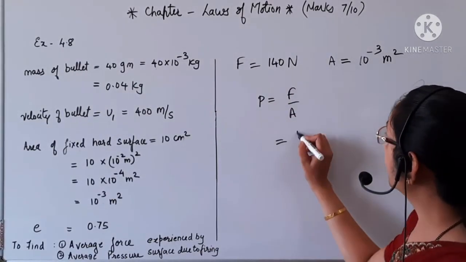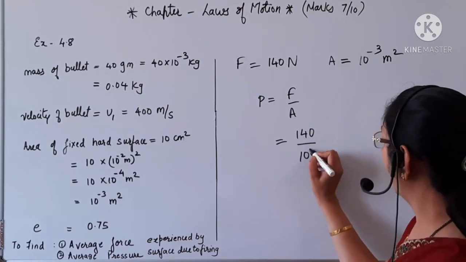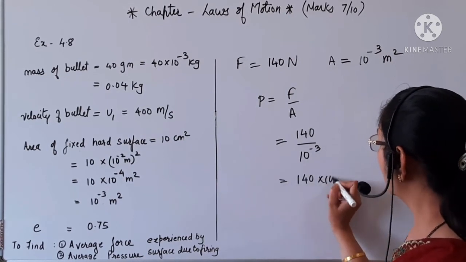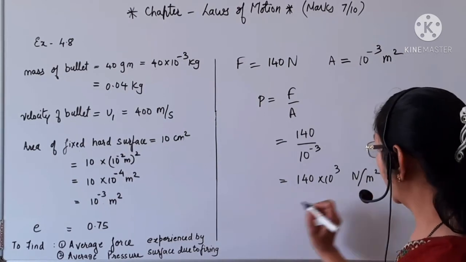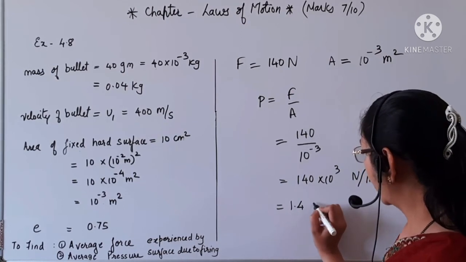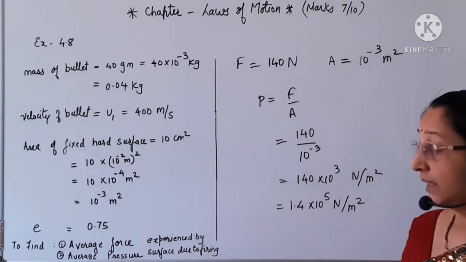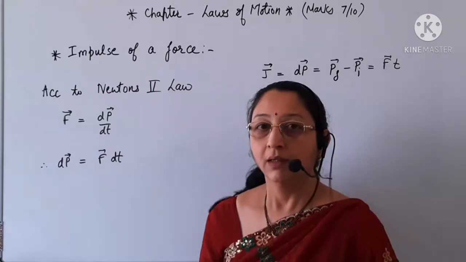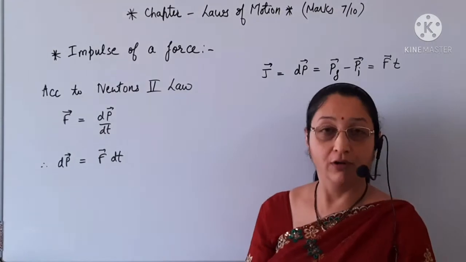The force is 140 Newton and the area is 10 to the power minus 3, that is 140 into 10 to the power 3 Newton per meter square, that is equal to 1.4 into 10 to the power 5 Newton per meter square, which is the average pressure experienced by the surface during firing. The next point which we are going to discuss is the impulse of a force.